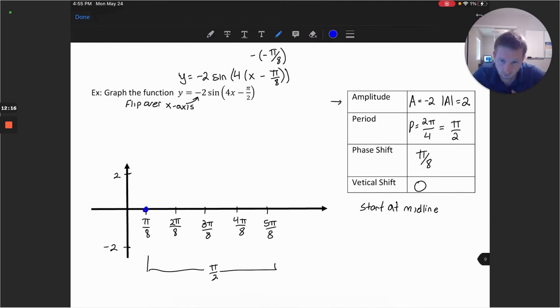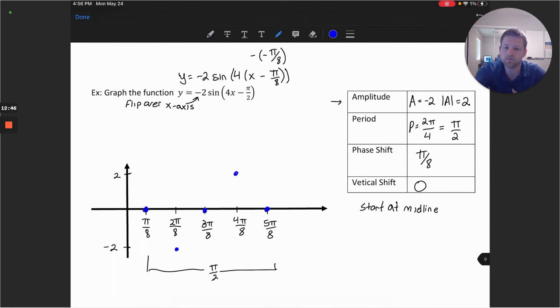Since it's negative, we're going to be decreasing first. So we'll hit the -2 at 2 pi over 8. Back up at 0 at 3 pi over 8. We'll reach the peak at 2 at pi halves, or 4 pi over 8. And then back to our starting point at 5 pi over 8.